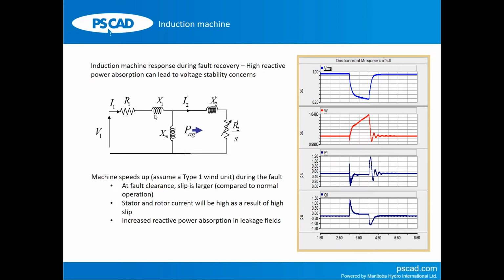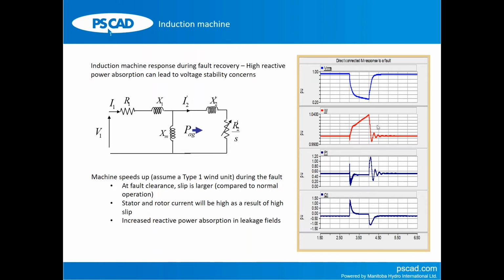Which means the reactive power consumed inside these leakage fields, X1 and X2, which would be I1 squared times X1 plus I2 squared times X2, would increase, and the relationship is, remember, I1 squared, not just even linear, right?